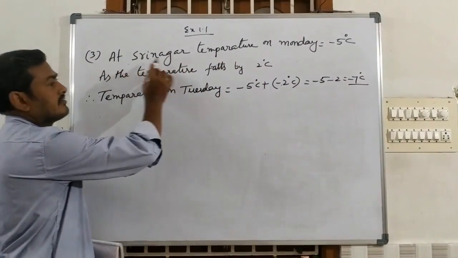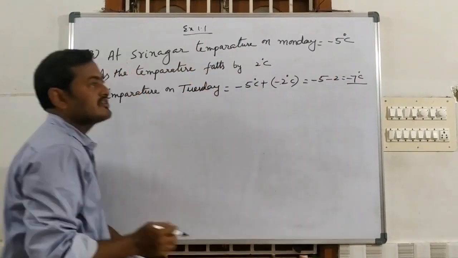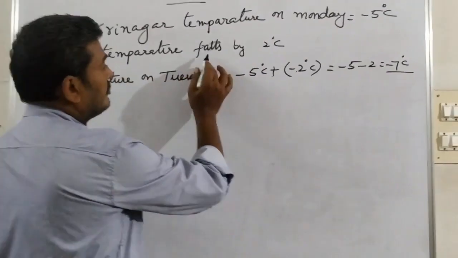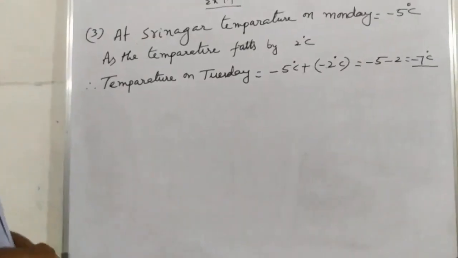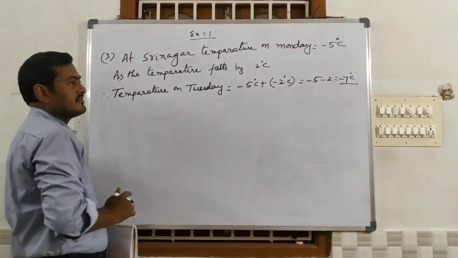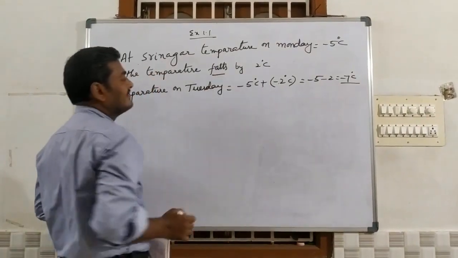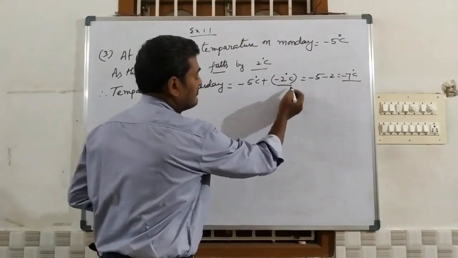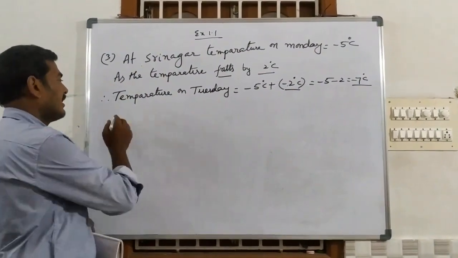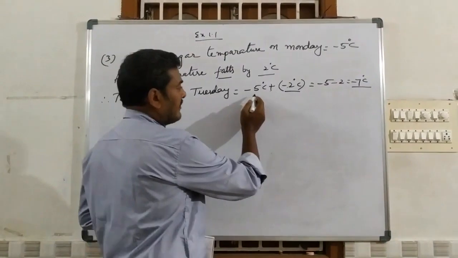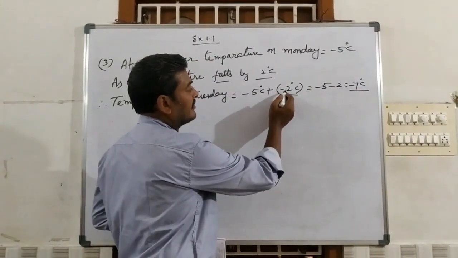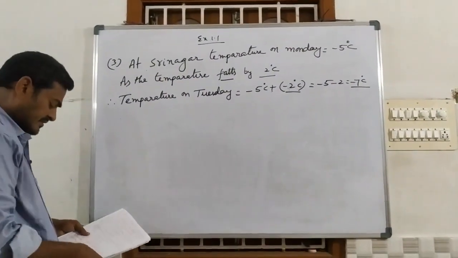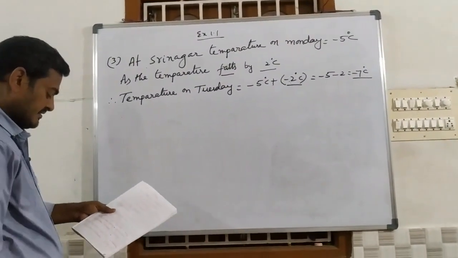So what is the temperature on Monday? Minus 5 degrees Celsius. As per the given statement, 2 degrees will be dropped. Dropped means it is less, so it decreases by 2 degrees Celsius. Decreases means what symbol can we use? Minus 2 degrees. Now the temperature on Tuesday is minus 5 degrees plus minus 2 degrees, both minuses we can add, that means minus 7 degrees Celsius.